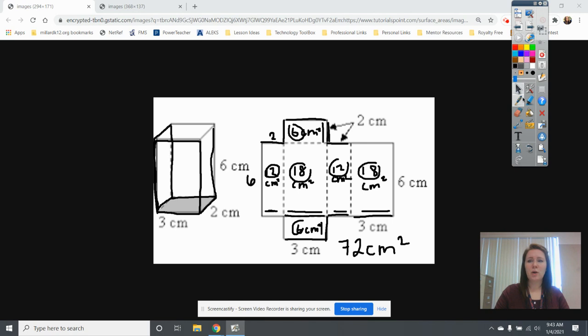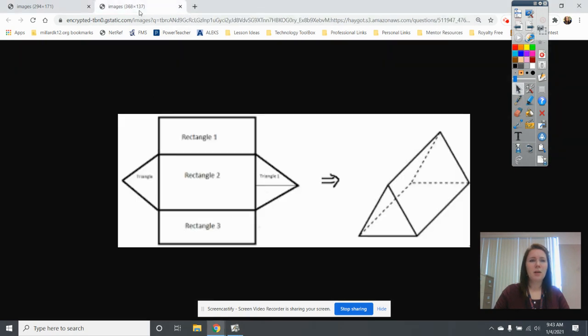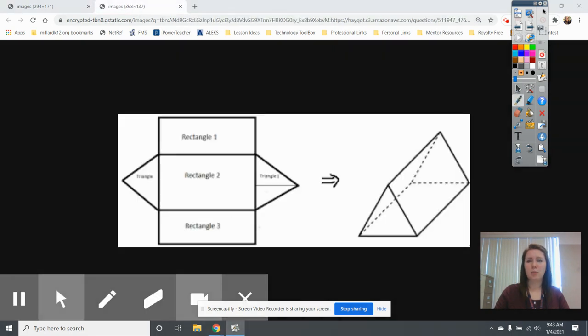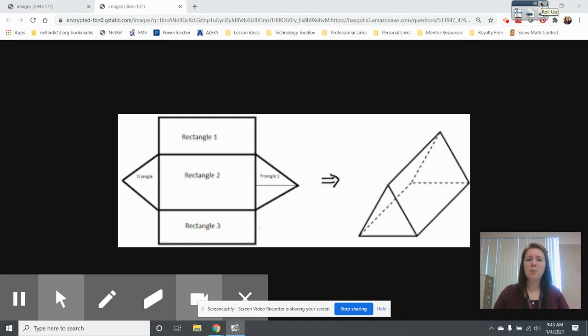I'm going to show you one more example. This is a triangular prism. The process is the same. Notice this doesn't have any dimensions, and we're not actually going to solve this, but here we have a side. Oof, that was a terrible drawing. Here's another side, and then here's the bottom.